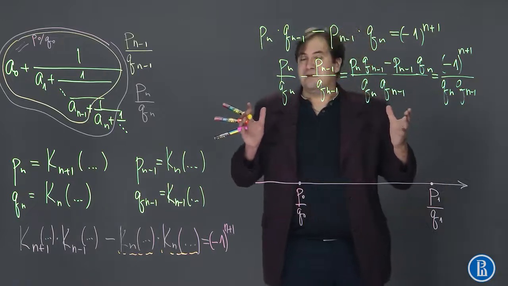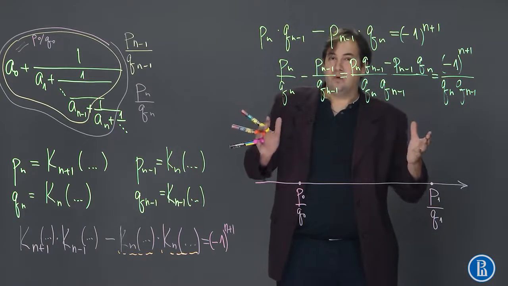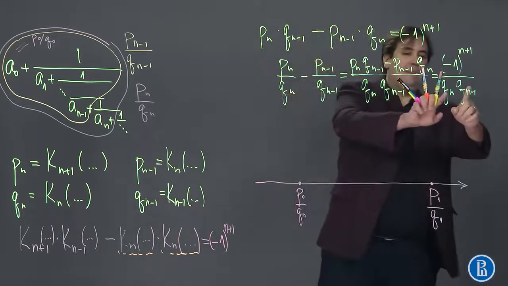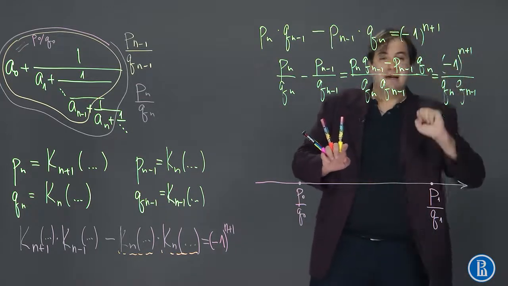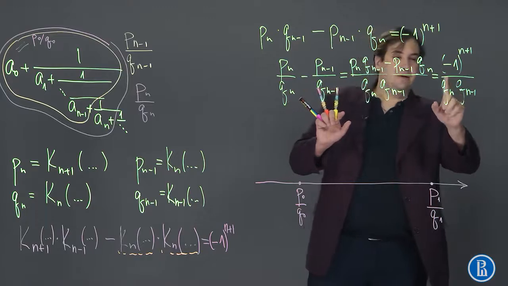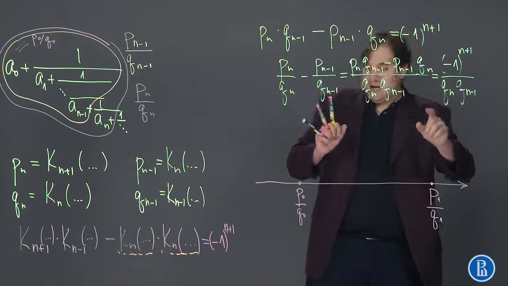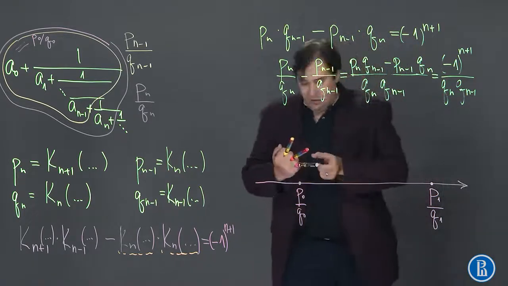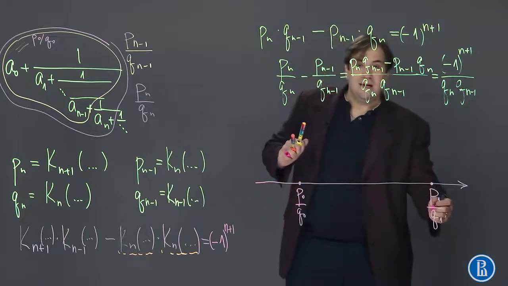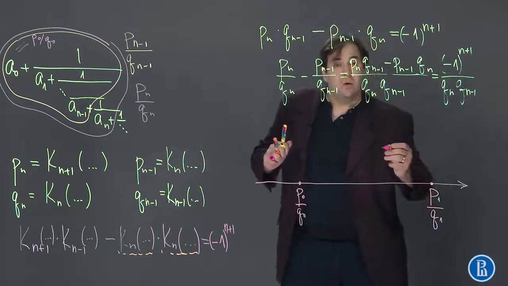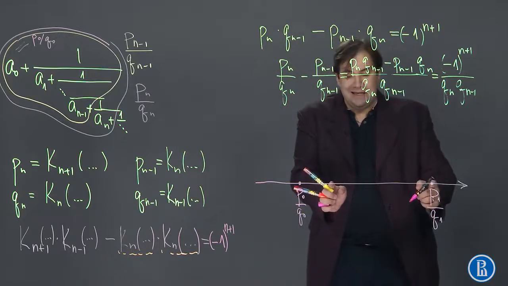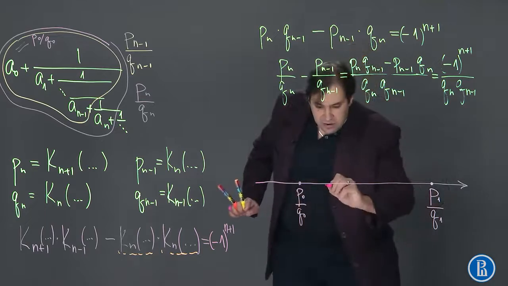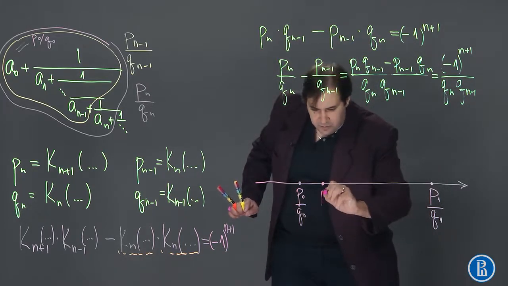But who has larger denominators? Of course, if we take Q1 and Q2, the product will be larger than if we take Q0 and Q1, so the distance will be smaller. So P1 over Q1 is greater than P2 over Q2, but at the same time, the distance between them is less than the distance between these two. So P2 over Q2 is somewhere over here.